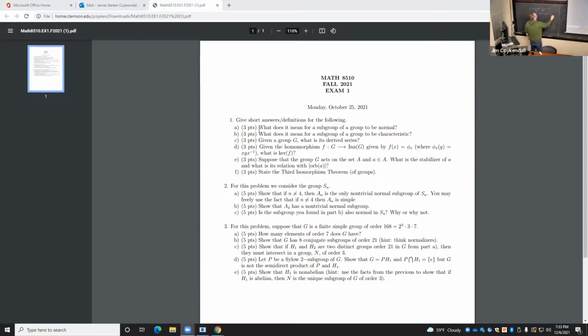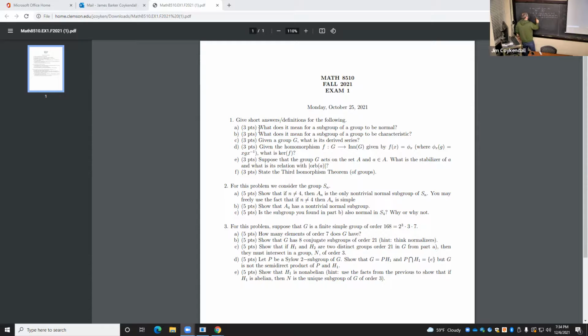Then the number of conjugates is the size of the orbit under conjugation, and 168 divided by 8 is the order of the stabilizer, which in this case is the normalizer.